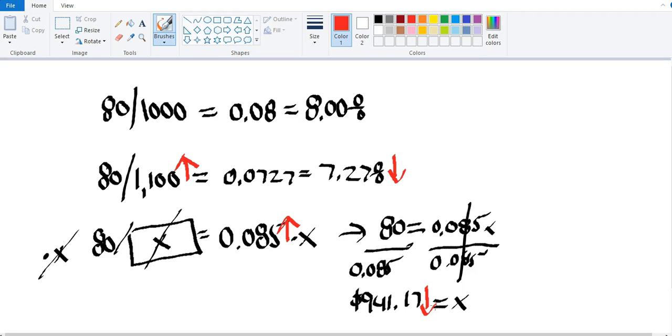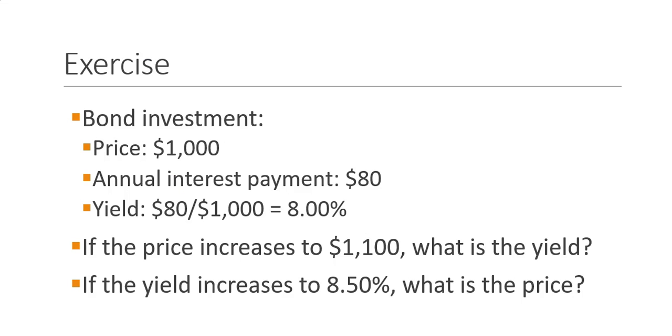So in these two examples, we see in one case a higher price produces a lower yield, and in another case, a higher yield produces a lower price. Whichever number you start with, the yield or the price, when you work through the math, you'll find that an increase in one always results in a decrease in the other.